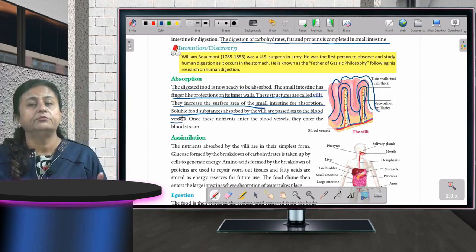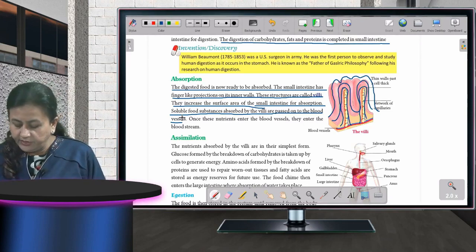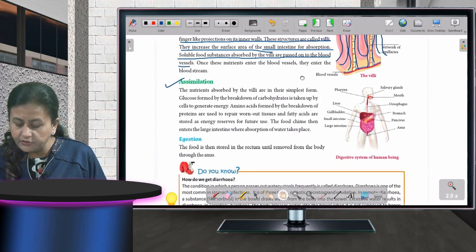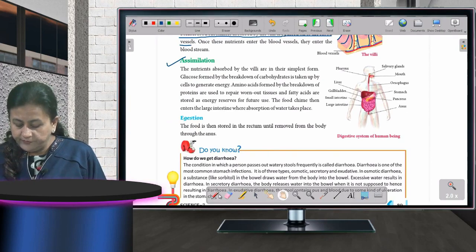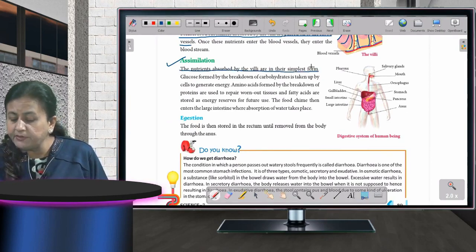To carry that simple food to different parts of the body. And this is now the fourth step in digestion, which is assimilation. Okay, now you all can see here also on your screen. The nutrients absorbed by the villi are in the simplest form.